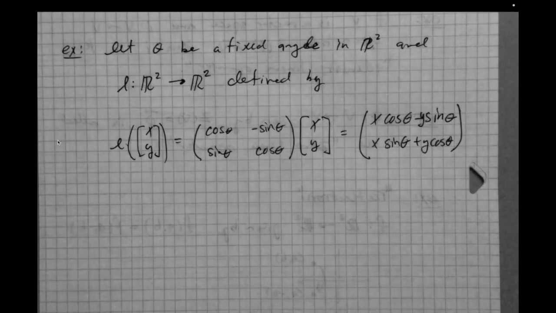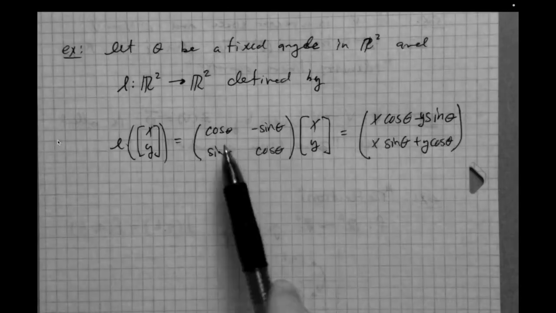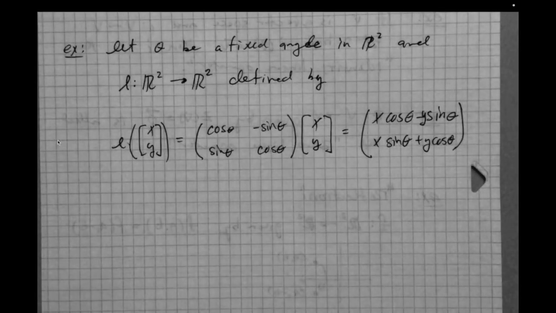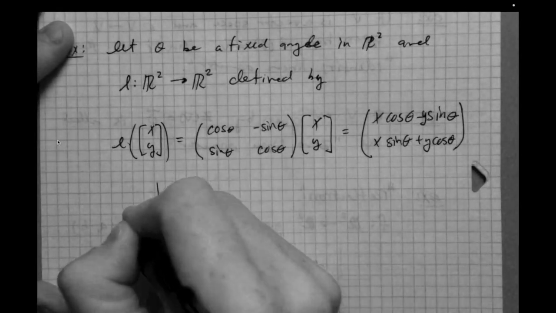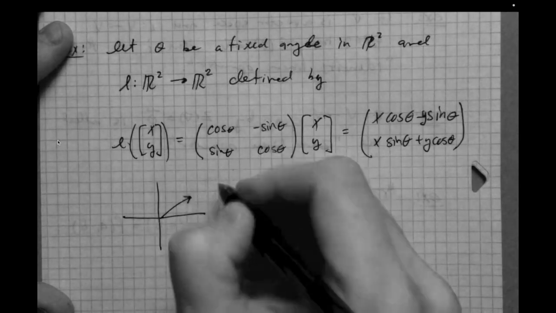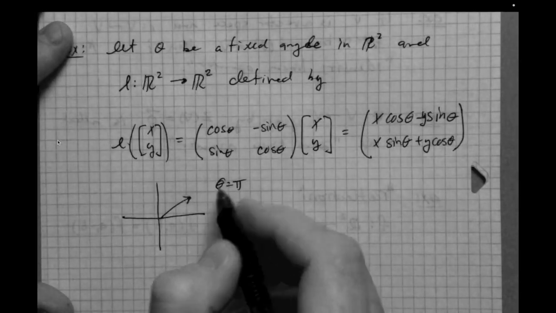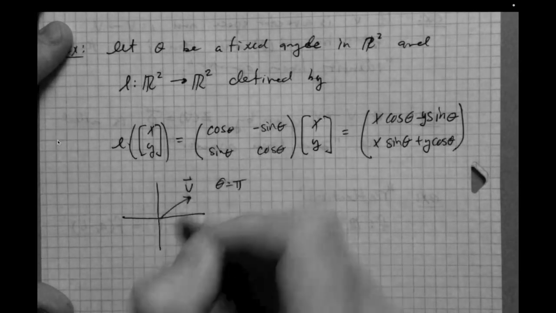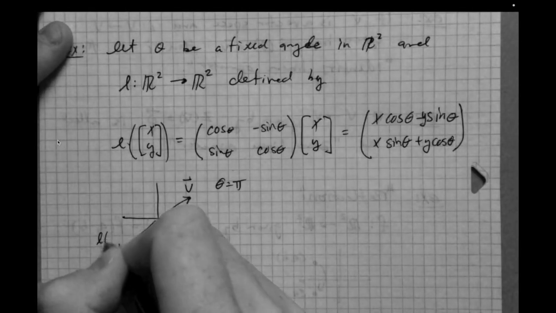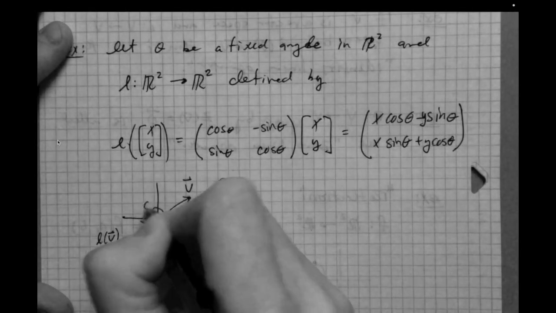Basically, this is a linear operator. As it's set up, it rotates (x, y) counterclockwise through the angle theta. So if theta is pi, it's a 180-degree rotation counterclockwise. If this is v, then L of v is down here. It rotates it by theta.